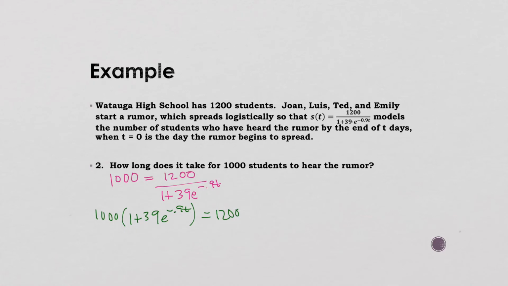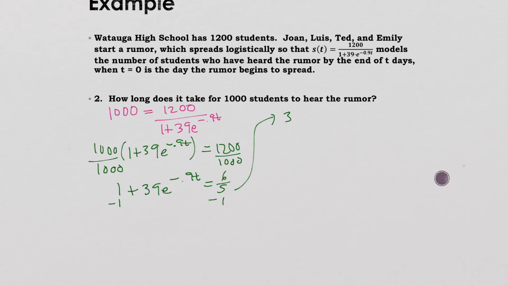I'm going to divide by 1,000. Take away 1. So I get 39e to the negative 0.9t equals 1/5.